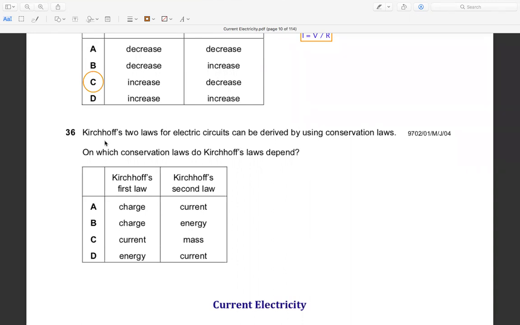This is when you remember, Kirchhoff's first law is about charge, and Kirchhoff's second law is about energy. It depends on charge and depends on energy.